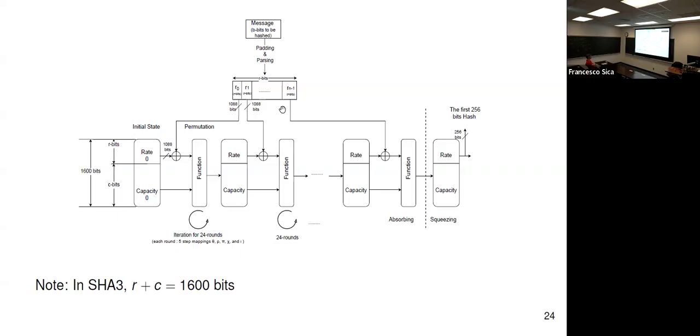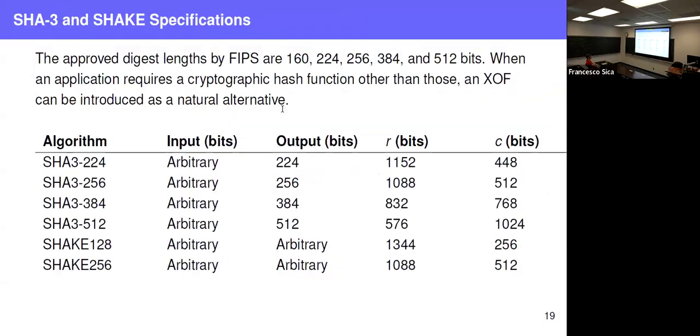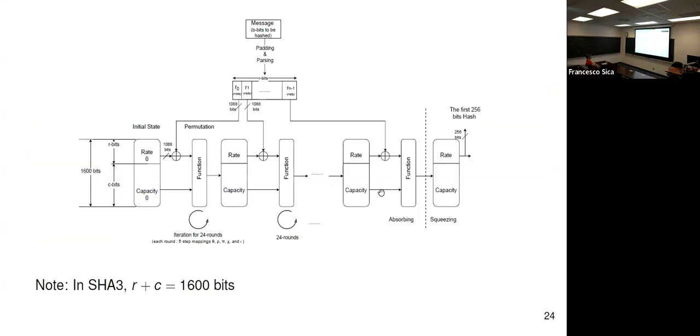Because, as I said before, it should be, for example, a multiple of 1088 bits to give to each rate. And then we parse it into 1088-bit blocks, and each block is going to be given to a rate to be XORed with the rate.